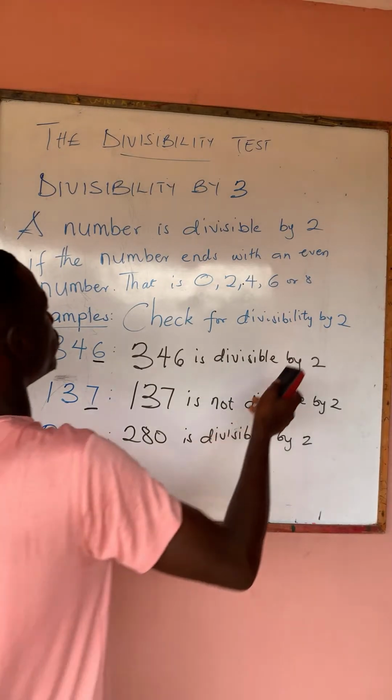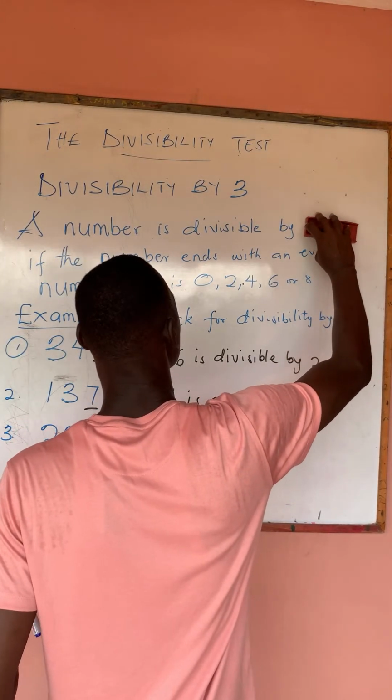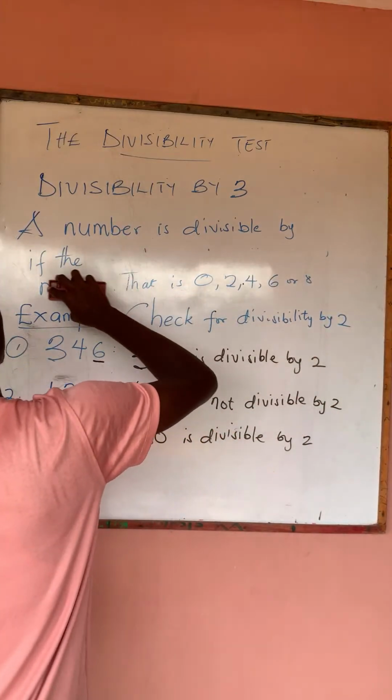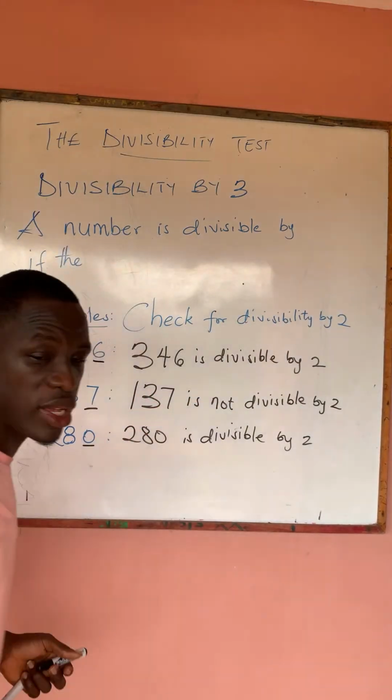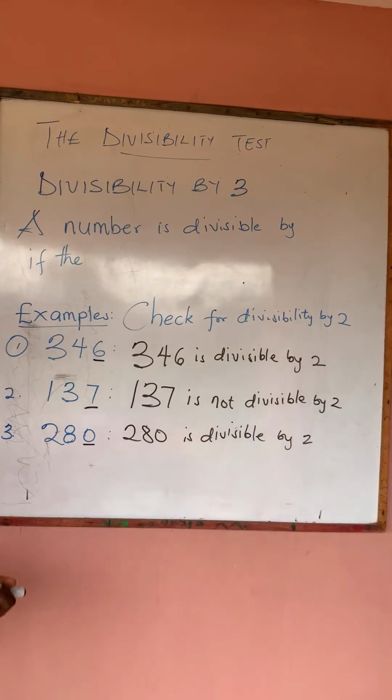Now, let's get the rule for divisibility by 3, okay?